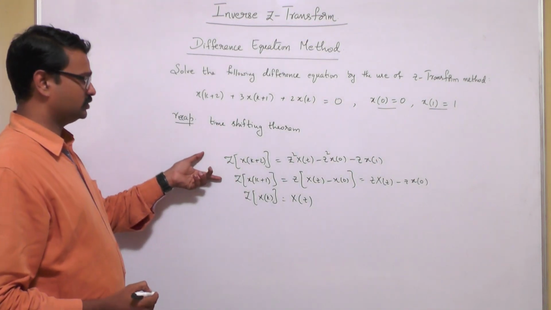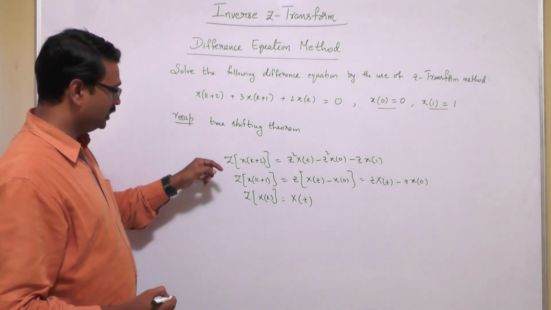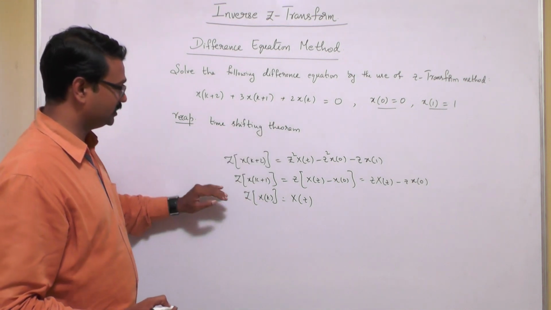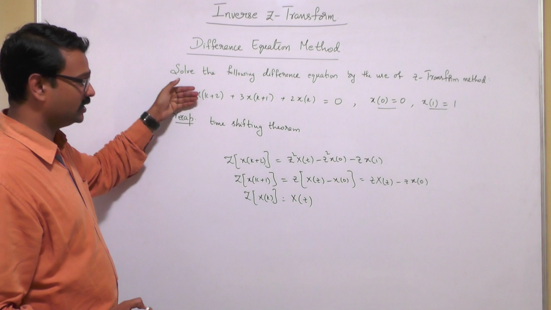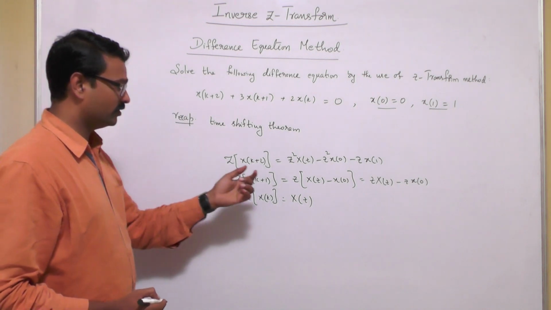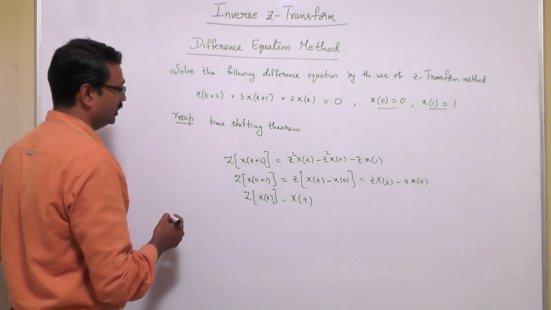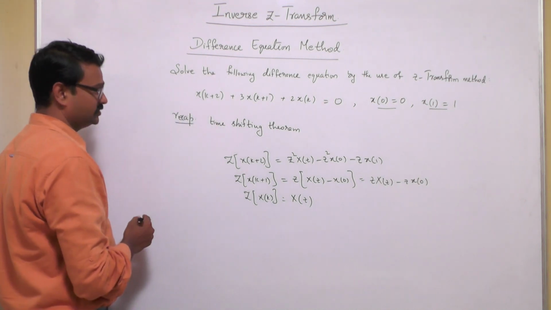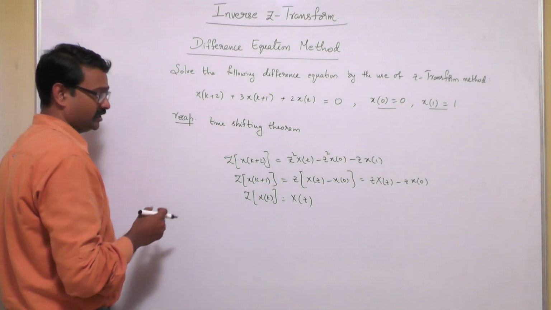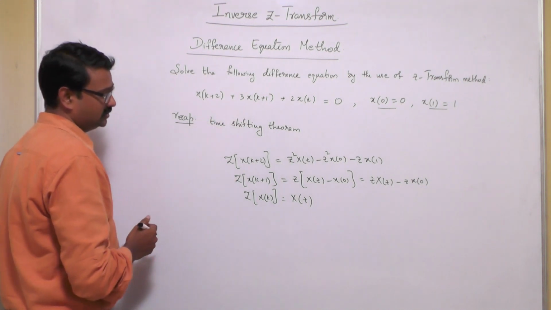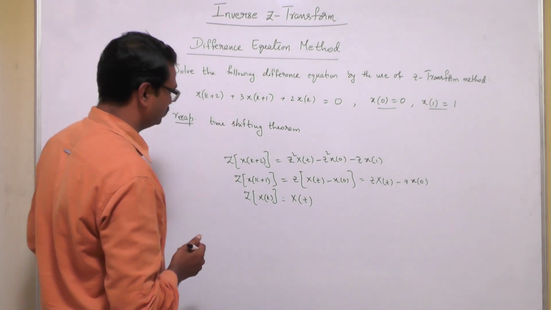Now the values of x of 0 and x of 1 are given to us. Therefore, for the Z transforms of x of k plus 2, x of k plus 1 and x of k, we can simply substitute these values, and you will get the result in terms of x of z and powers of z.